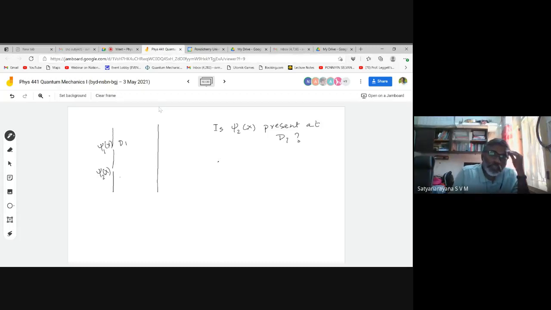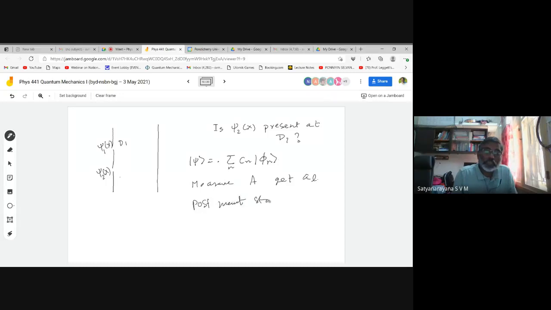Yeah, so I think you're asking exactly the same question which Arup Jyoti asked some time back: what is happening when you do a measurement, whether the other components are escaping. When you have psi equal to the sum over n of c_n phi_n, you measure A and get some a_L, then the post-measurement state is phi_L. So your question is, what happens to the other things?